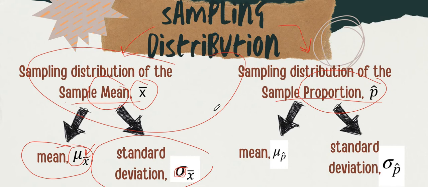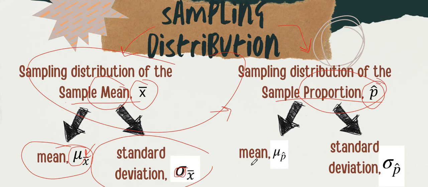Now we go to the sampling distribution of the sample proportion. I will brief the symbols first, and later I will explain what proportion means. We use this symbol for the sample proportion, which is P hat, pronounced P hat.